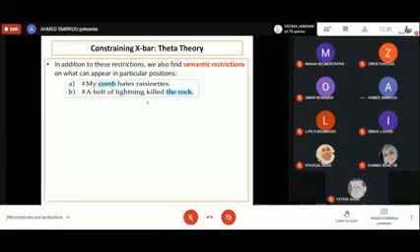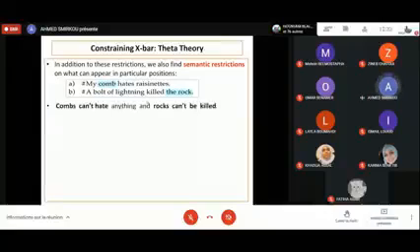Restricting only the number of the arguments that are required by the verb, that's not enough. We need to restrict the nature of the argument required by the verb. So combs do not hate anything and rocks cannot be killed.